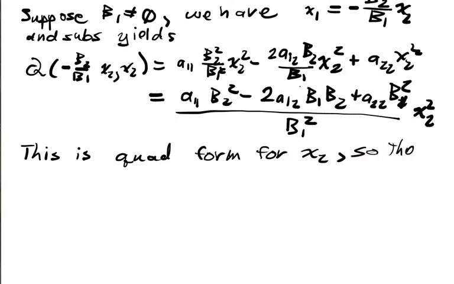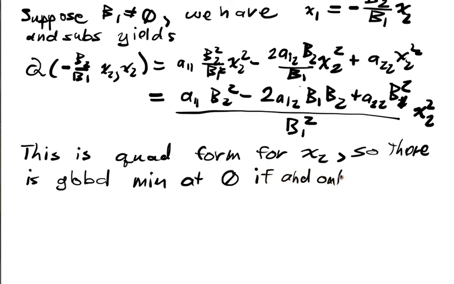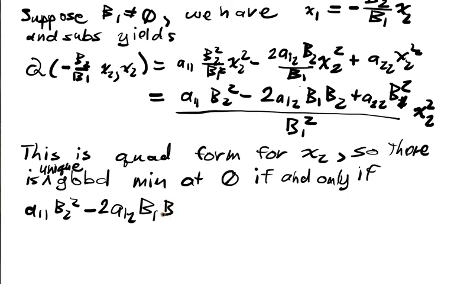So there is a unique global min at 0 if and only if we have a11 b2 squared minus 2a12 b1 b2 plus a22 b1 squared is greater than 0.